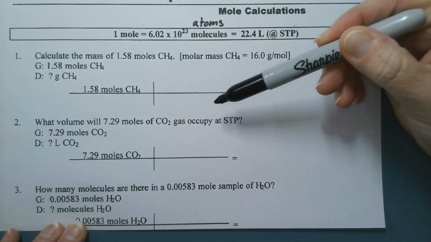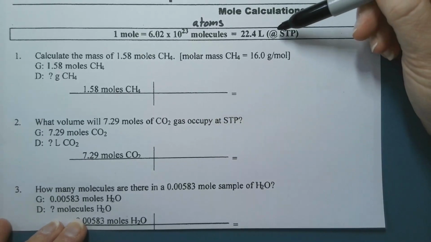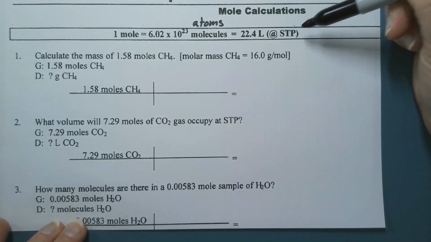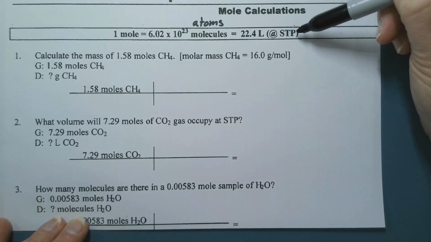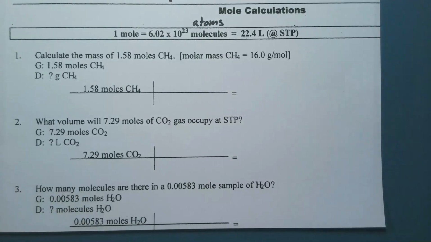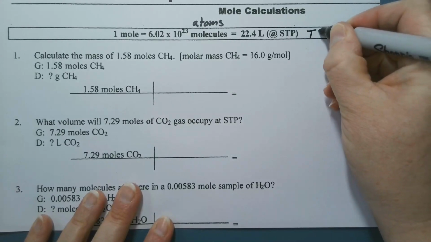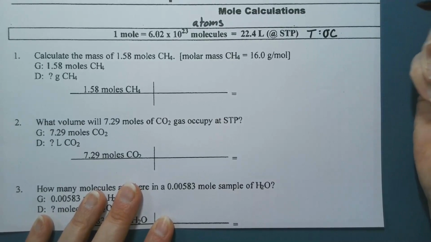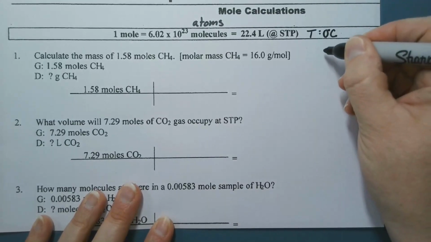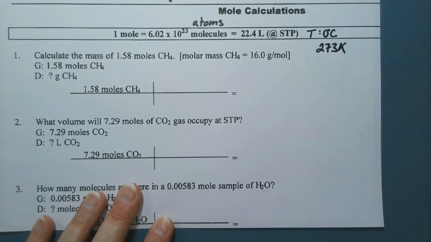And we actually see that here in problem 2. So I'll be doing that one in just a minute. And then it says at STP. STP is standard temperature and pressure. And so that's a set of conditions that are defined as a temperature of 0 degrees Celsius or 273 Kelvin.